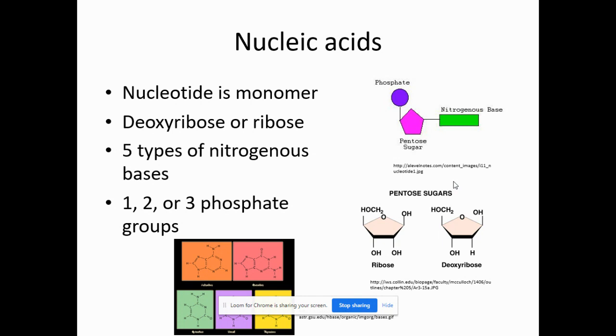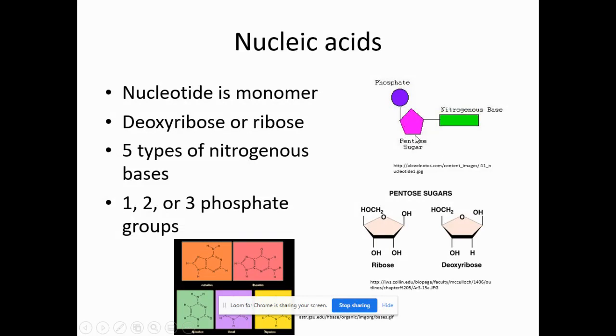That's the nucleotide. The nucleotide has three components. Here is the basic structure of a nucleotide. You have a pentose sugar. What do you think pentose means? Pentose means it's a 5-carbon sugar.